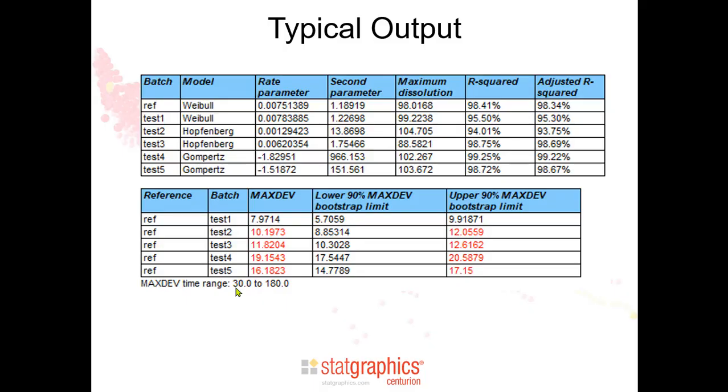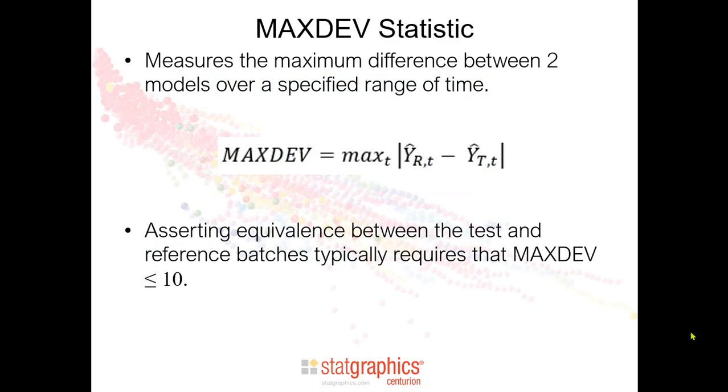You also see on the far right the lower and upper 90% MAXDEV bootstrap limits. The MAXDEV statistic is the maximum absolute difference between the models for the test and reference batches over a specified range of time. Asserting equivalence between the test and reference batches typically requires that MAXDEV be less than or equal to 10.